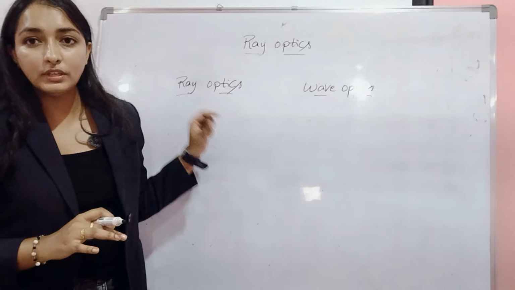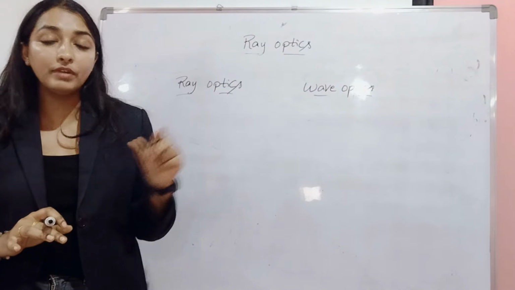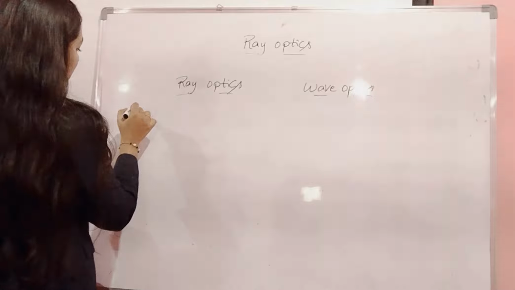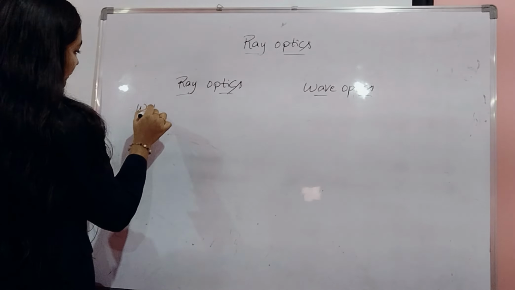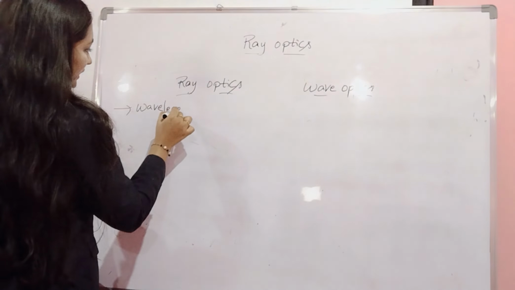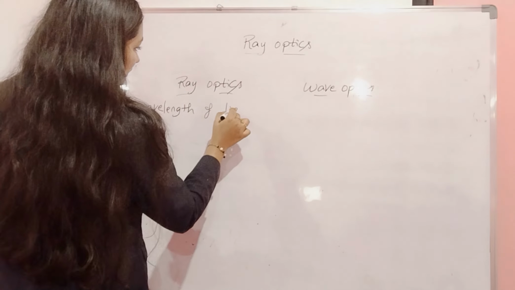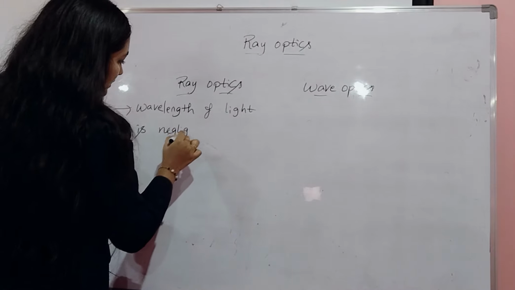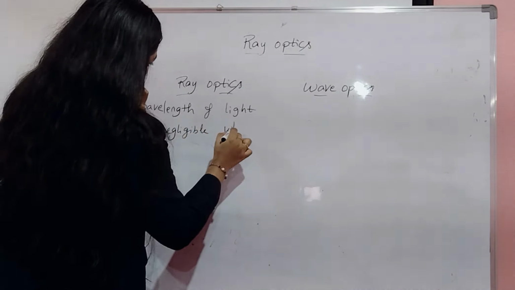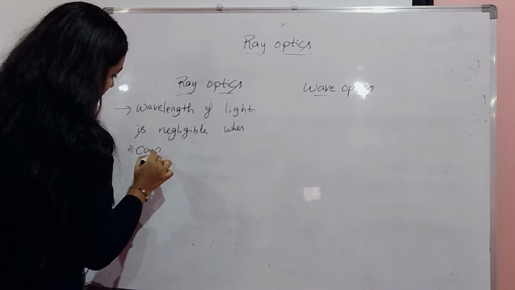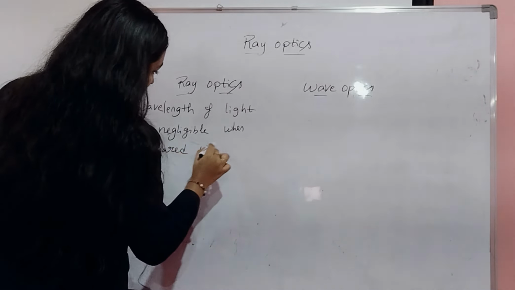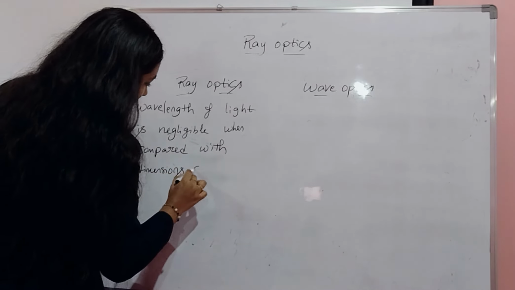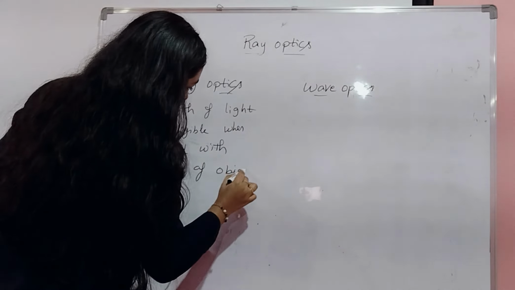In ray optics, the wavelength of the light is negligible when compared with the dimensions of the objects.